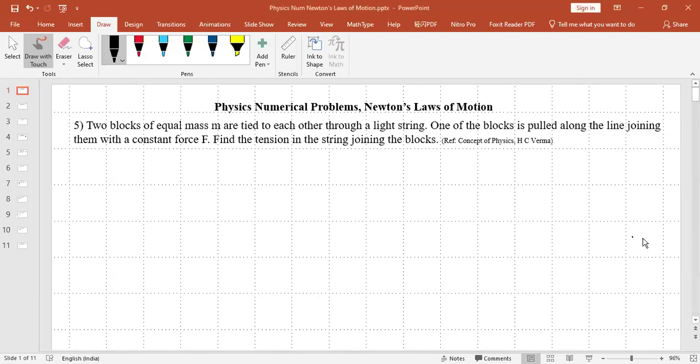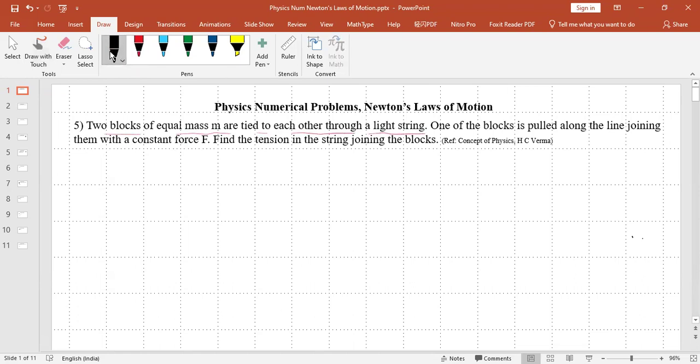Let's take this problem from the chapter of Newton's laws of motion. The problem says two blocks of equal mass m are tied to each other through a light string.